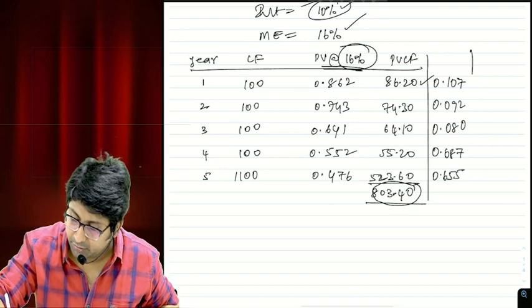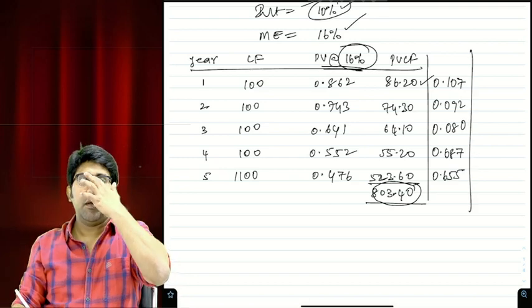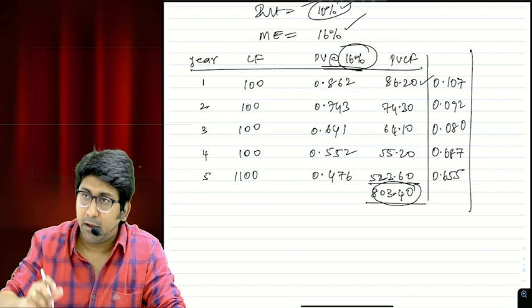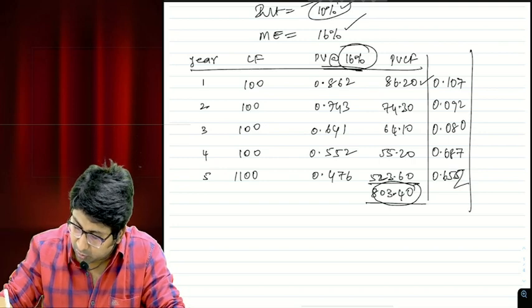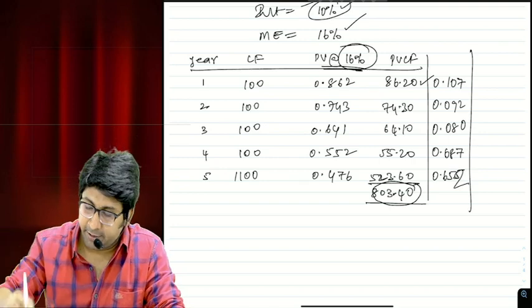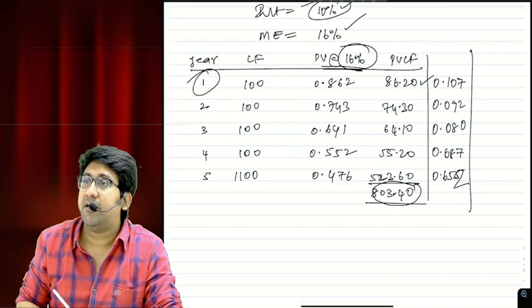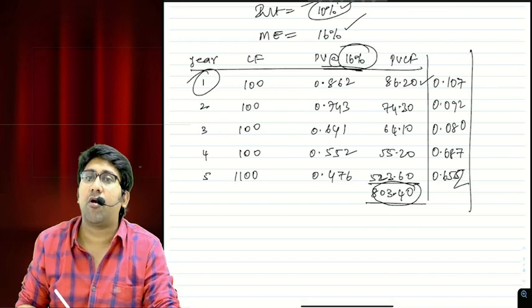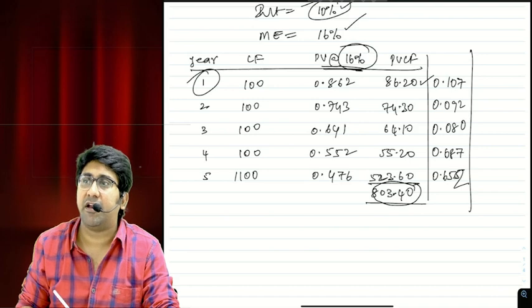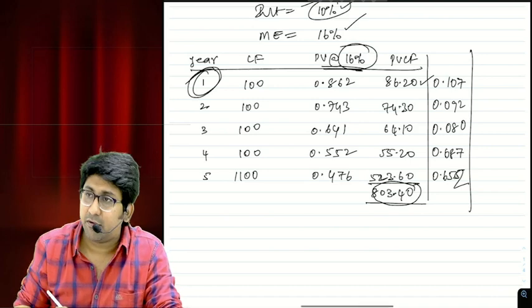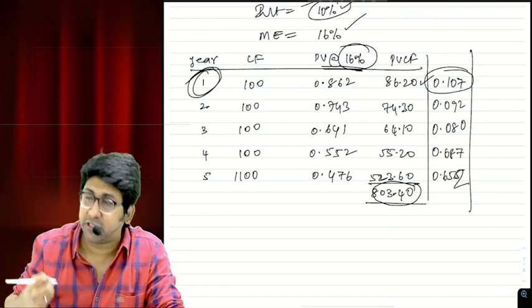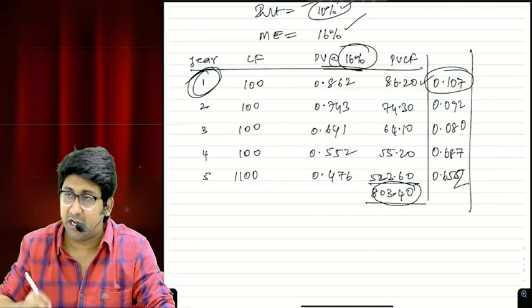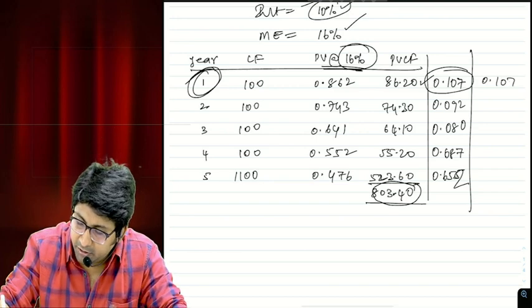Okay. Now listen. Another thing. 652. Okay. No problem. Now tell me, what is the year here? Miraculously, you are going to see one point here, please, everyone. What is the year here? What is the proportion that we got? 1 into 0.107, how much? 0.107.